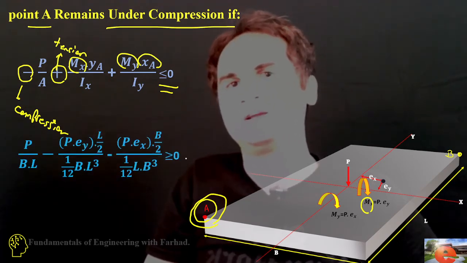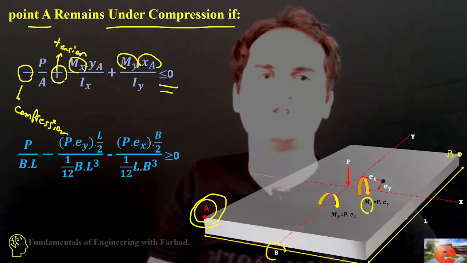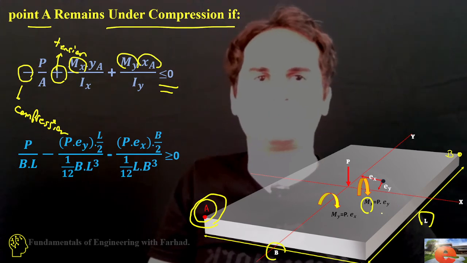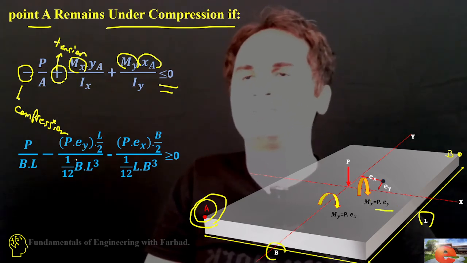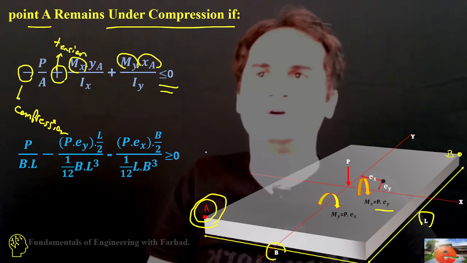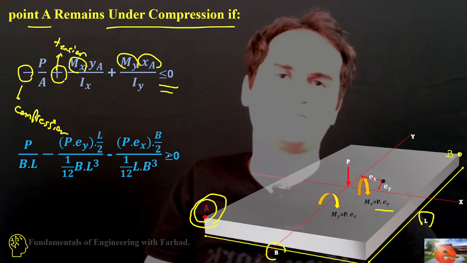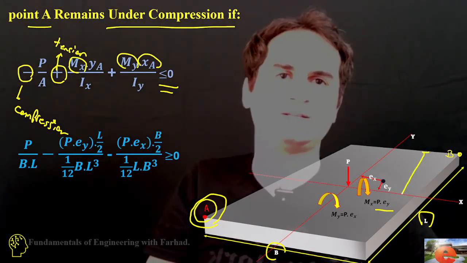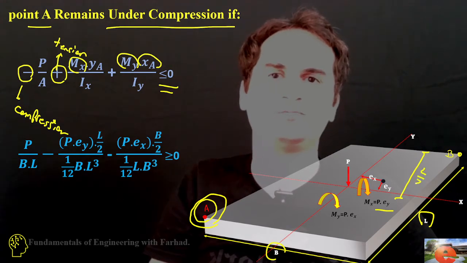So then area is the dimension of our foundation, B times L, and then Mx is P times Ey. If you want to see the effect of Mx, you need to work with this distance, and that's L over 2.